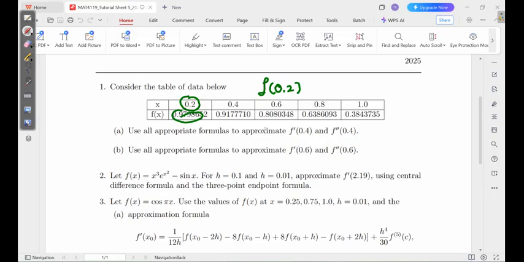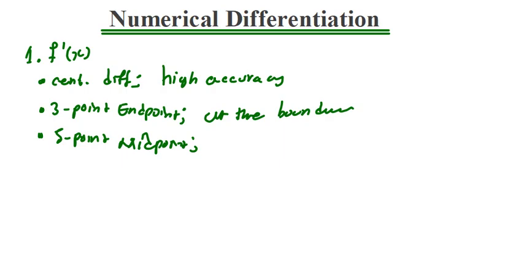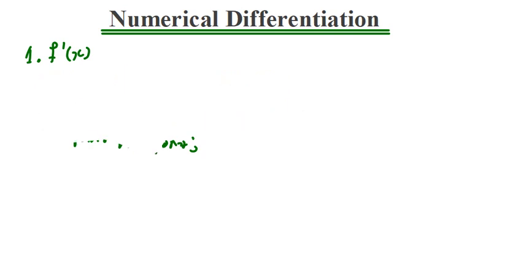But the nature of the 5-point midpoint formula is that, based on this same data, after performing some substitutions, I may end up with something like f of 0. And if you observe here, I don't have f of 0. Or let's say you end up with f of 1.2. You don't have 1.2. The highest value that you have is 1. So that one works and gives you a lot of accuracy, but only when you have a lot of data available. Okay, so that is it about the first derivative.